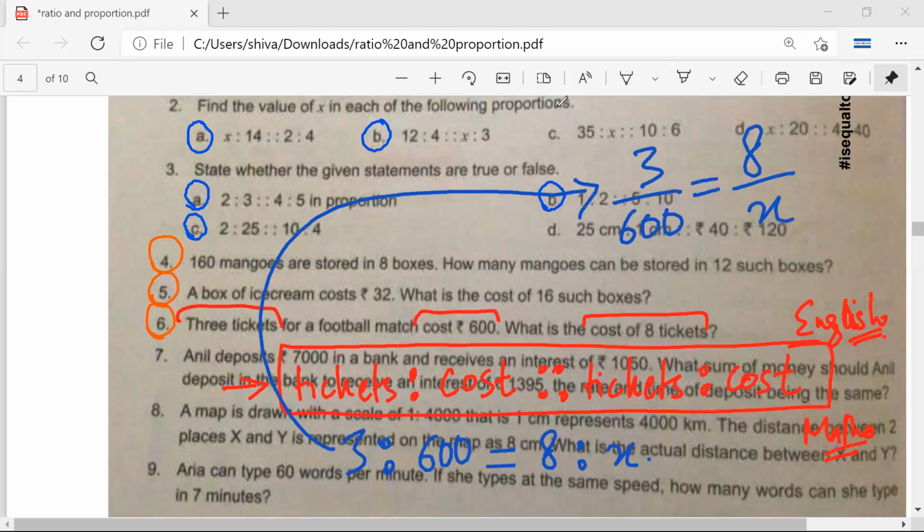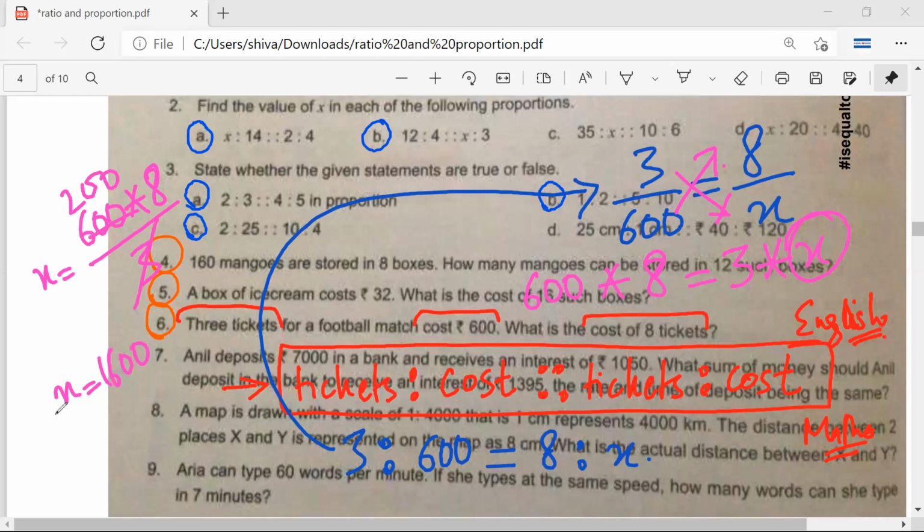Then we need to do the cross multiplication. So 600 into 8 is equal to 3 into x. Shabash. So next, x is equal to 600 into 8 upon 3. Any doubts still? No, sir.